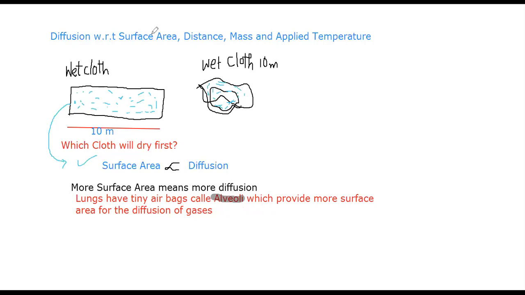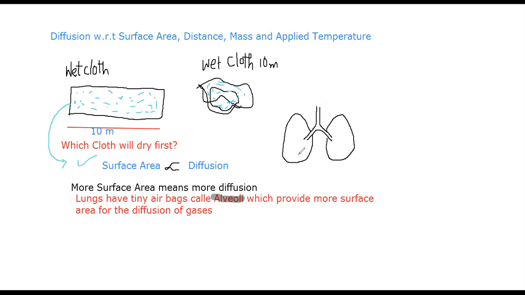Now, what is the structure of the alveoli? You can see that. Let's suppose this is the trachea. Trachea divides into bronchi. Bronchi attach with the lungs, the left and right lung.